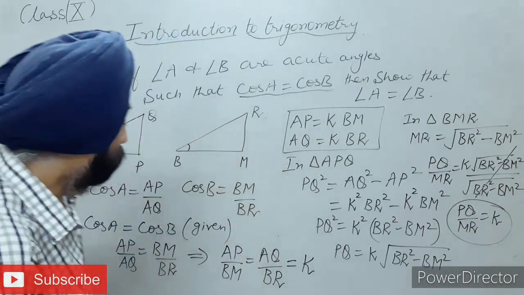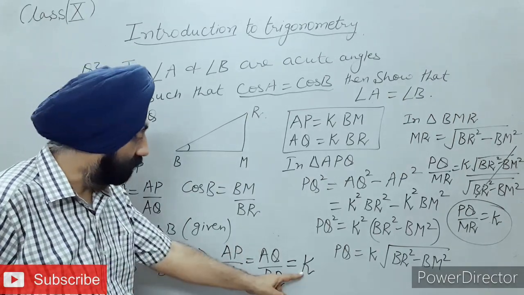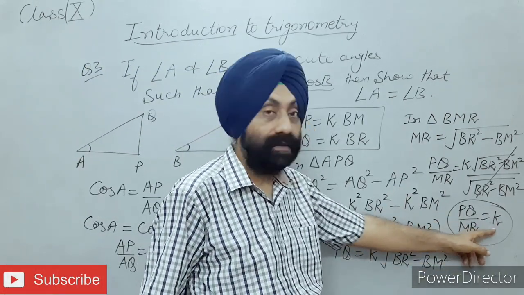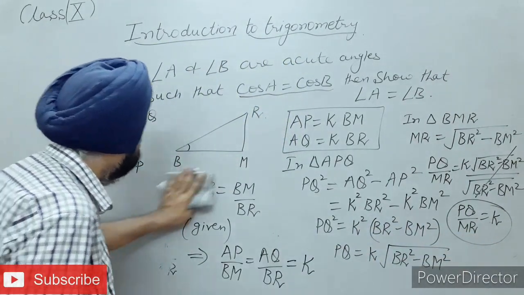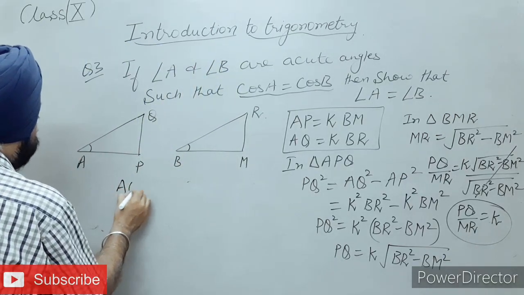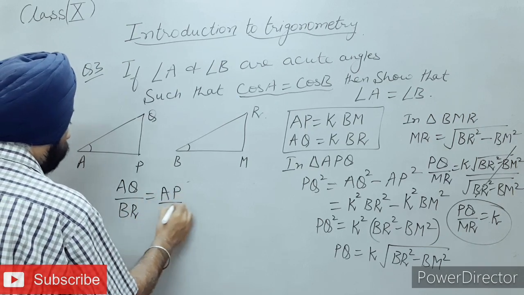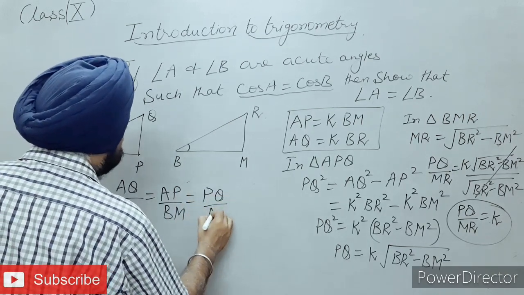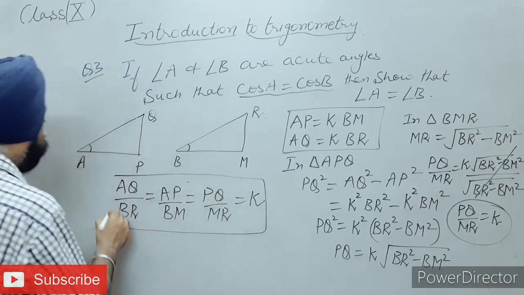Now what happens? AP upon BM, AQ upon BR, this is also equal to K, and we have proved that PQ upon MR is also equal to K. So all the sides are in the same ratio, that is the hypotenuse upon hypotenuse, AQ upon BR, base upon base, and the perpendicular upon the perpendicular, each is equal to K. This we have proved.